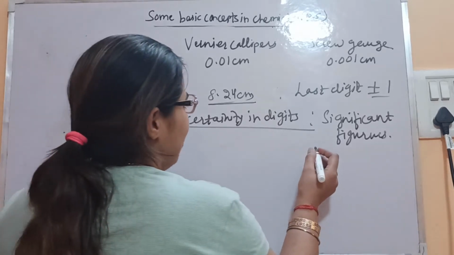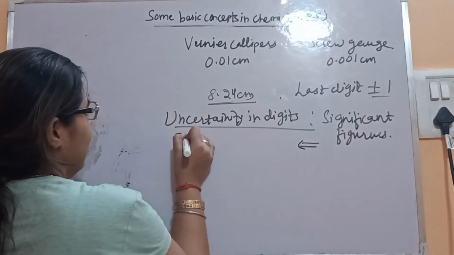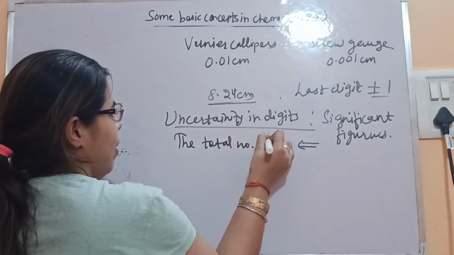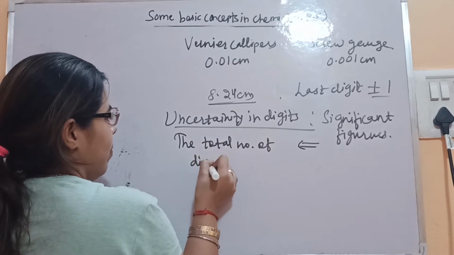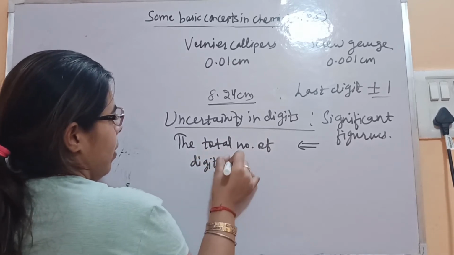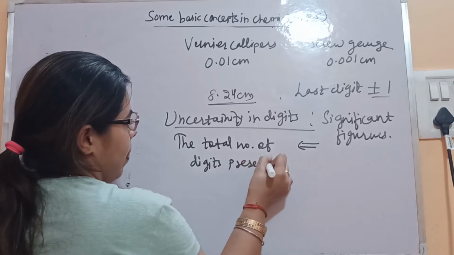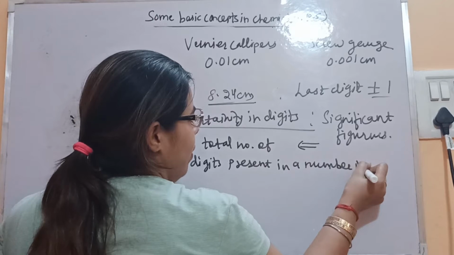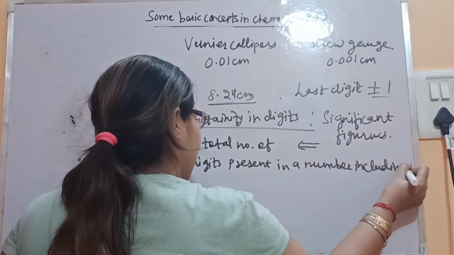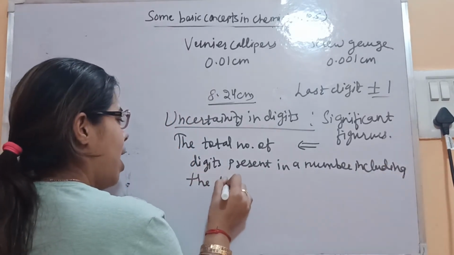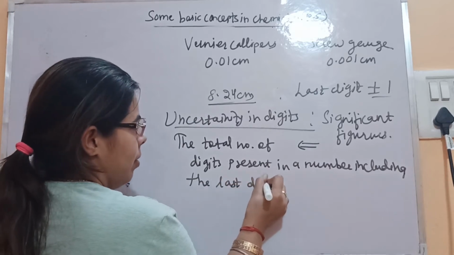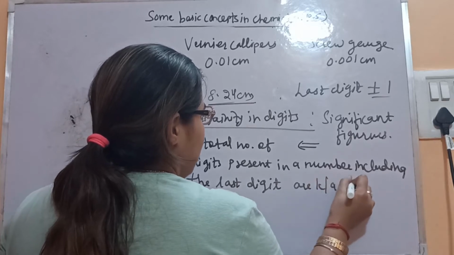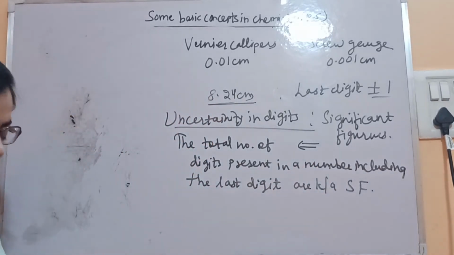So significant figures are defined as the total number of digits present in a number, including the last digit, are known as significant figures or significant digits.